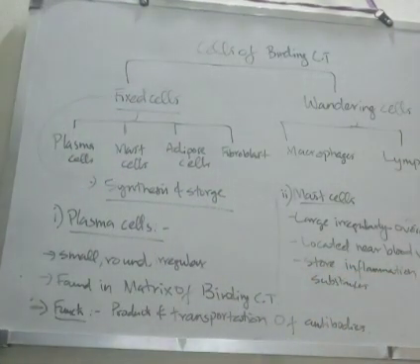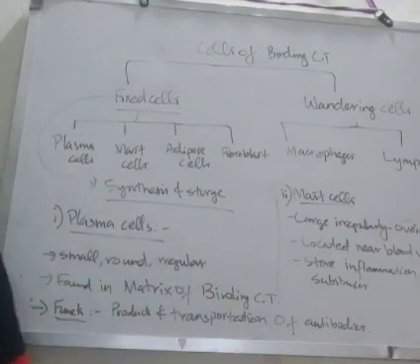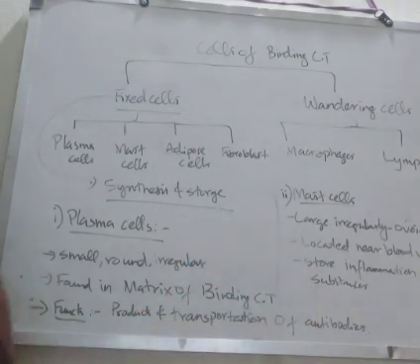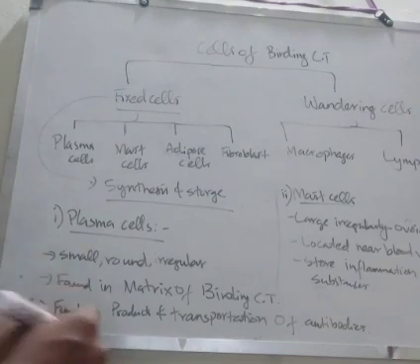And what are the inflammation producing substances? Such as histamine, in dense granules. Histamine is an inflammation producing substance.